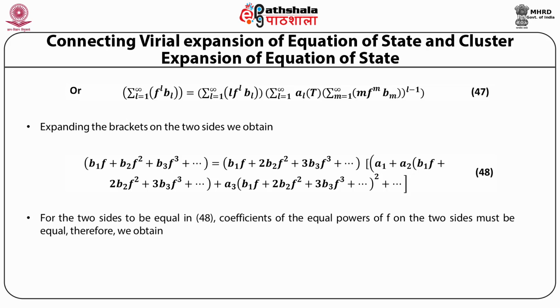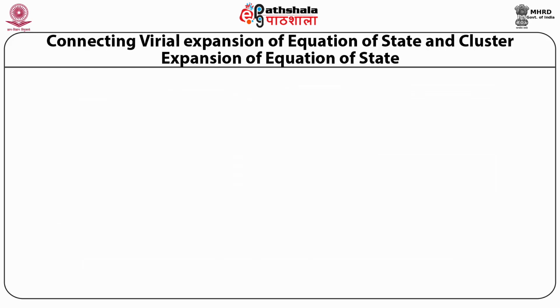For the two sides to be equal in 48, coefficients of the equal powers of f on the two sides must be equal. Therefore, we obtain b1 is equal to a1 b1, or a1 is equal to 1, and b2 is equal to a2 b1 squared plus 2 a1 b2.